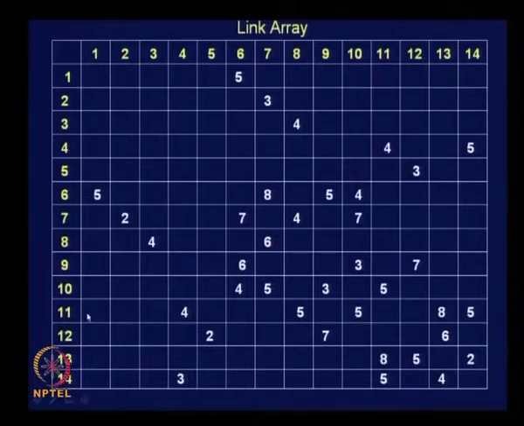Then we will be interested in 11 4 and 11 5, yeah, as well as 11 13 and 11 14, these are the connecting nodes. Then if you consider 12, 5, 9 and then 13, clear. So, by looking at this link array you should be able to perceive the picture, that is the most important aspect, and then proceed further.